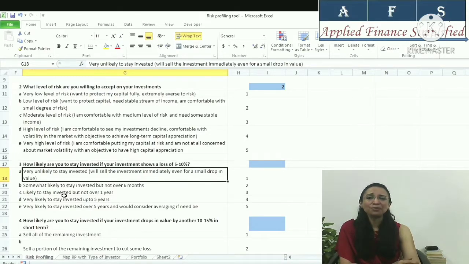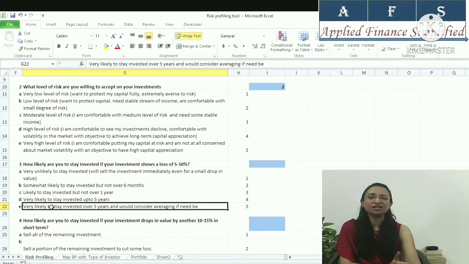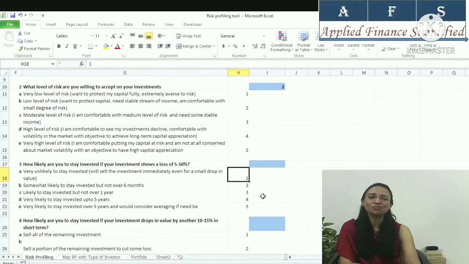If you are happy staying invested even after seeing this drop and your investment horizon is to bear the loss up to 1 year, then you have to select point C. Or if you are a very risk-taking investor where the likelihood of you bearing that loss can be over 5 years, then you need to select option E. So depending upon your risk-taking capacity, you select the option. In case of Raj, he is very unlikely to stay invested if he sees a loss. So he scores 0.1.